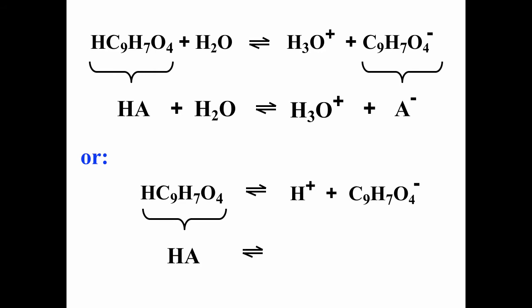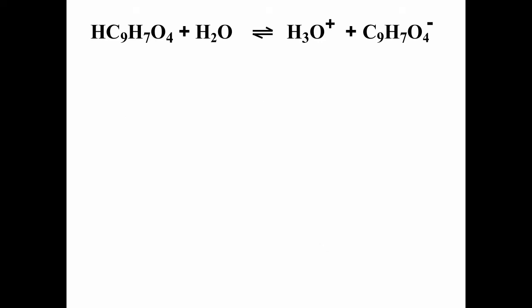And then the really shortcut version by making both shortcuts, and HA dissociates into H plus and A minus. So all of these essentially mean the same thing. Which one you might want to use depends on the degree of specificity and how detailed and correct you want to be.